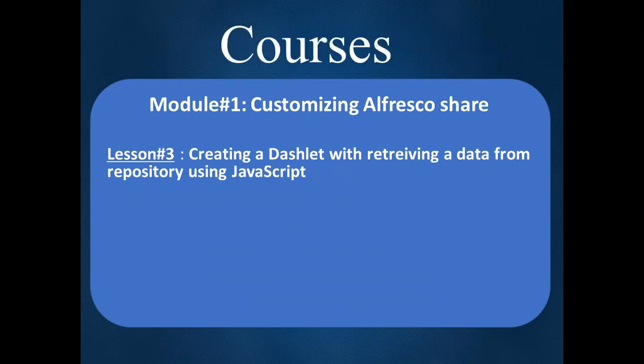Last time we saw how to create a simple dashlet, and today we will see how to create a dashlet with retrieving data from the repository using JavaScript and not using a Java-backed web script. Okay, we will see it with JavaScript.